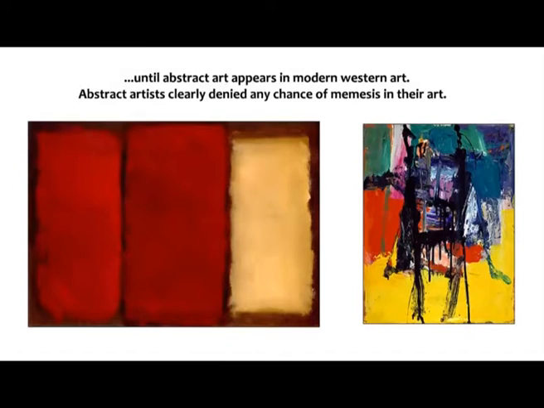Then in early modern art, there is also an element of mimesis, but in the 1940s and also earlier to that, there were a few artists who set out to create artworks where there would be no chance, no element, no scope for any kind of mimesis. They were creating abstract art.